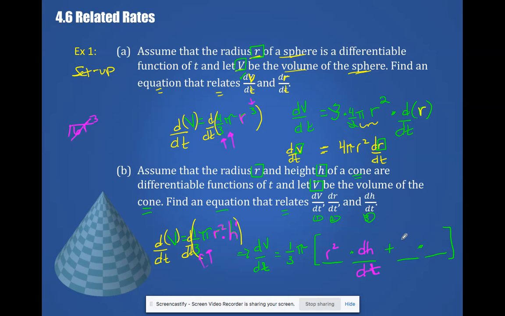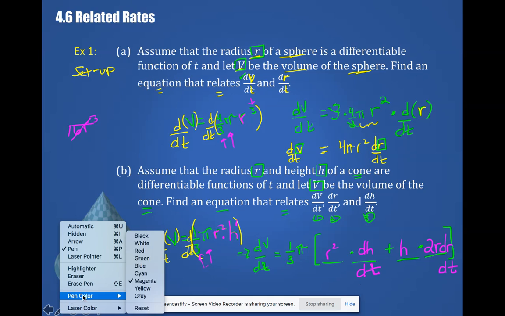Plus the second function h times the derivative of r squared. Bring down the 2, copy over the r, subtract 1 from the exponent, so there's a 1 here. Spit out the derivative of the stuff. That's it, right?